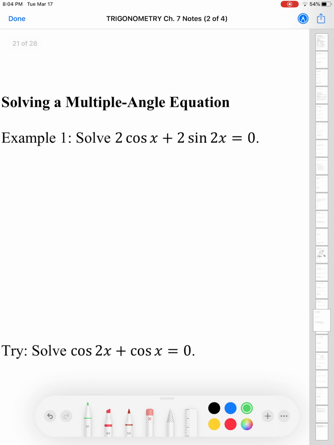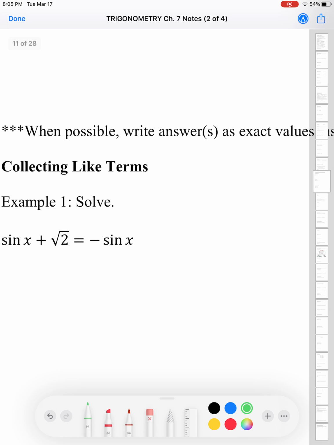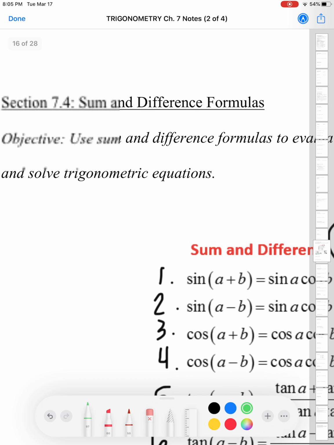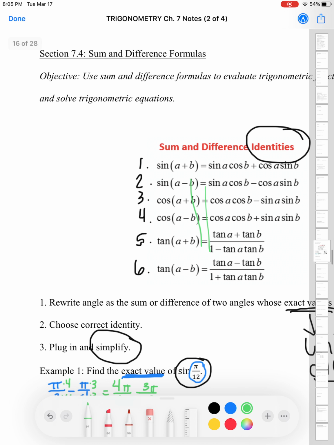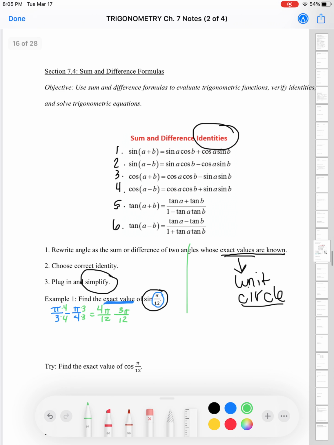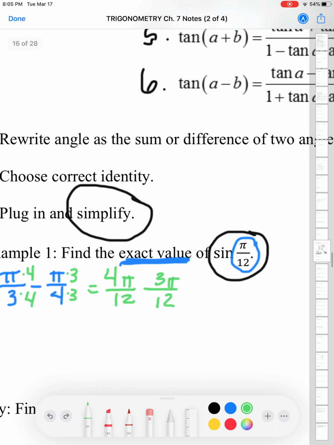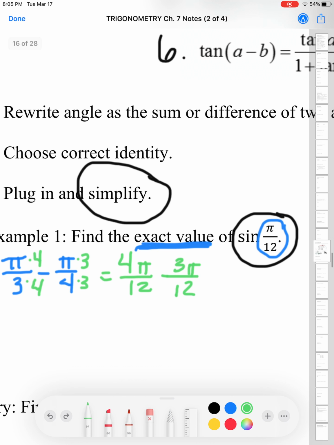Oh, shoot, sorry about that. Here we are. 4 pi over 12 minus 3 pi over 12, which would give me 1 pi over 12.